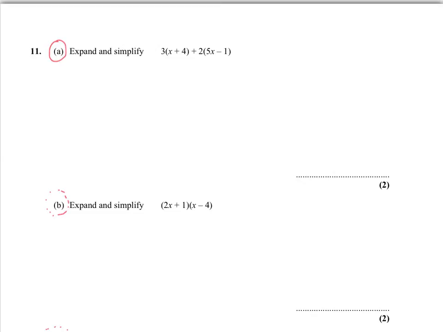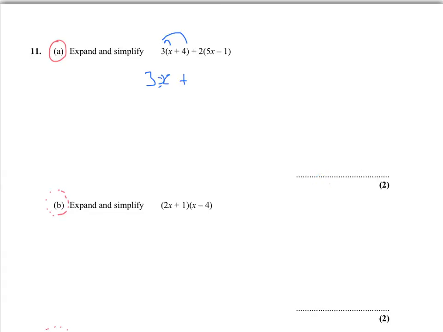Okay, expand and simplify. So we're expanding these brackets. 3 times x is 3x. 3 times a positive 4, excuse me, let's just rub that out. 3 times a positive 4 is a positive 12. Oh, sorry, this is my hand resting on the iPad and causing us problems.